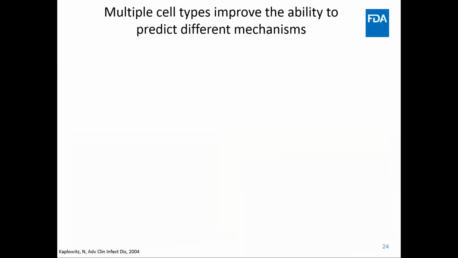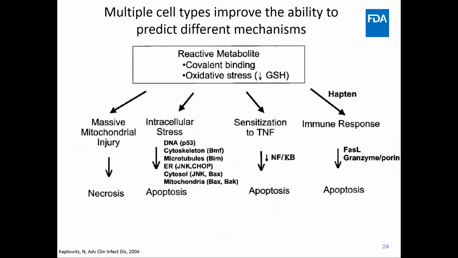When using multiple cell types, we need to think about how this improves the ability to predict different mechanisms. And then we think about toxicity as being one of the applications. Here in this slide are summarized some of the mechanisms of liver toxicity that can be induced by drugs. If we look at necrosis and apoptosis, it can be discussed that these are hepatocyte-centric phenotypes.